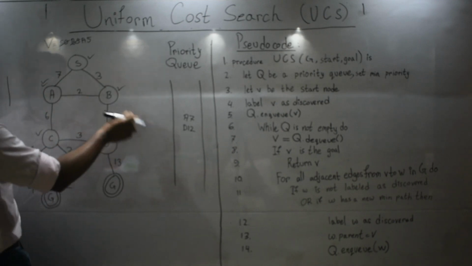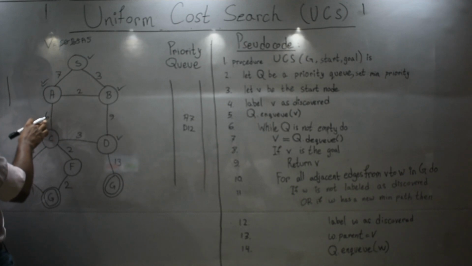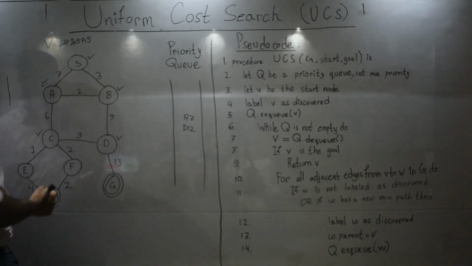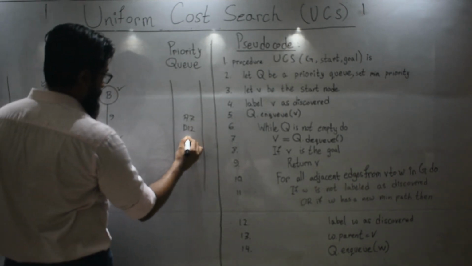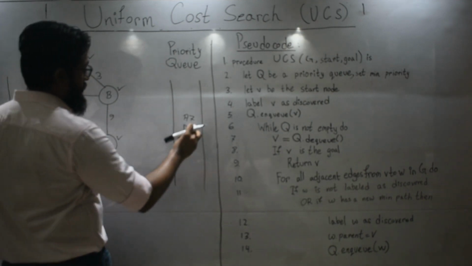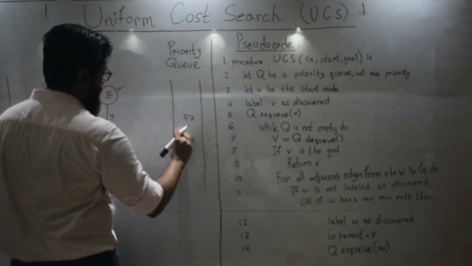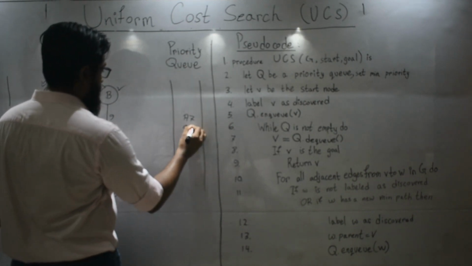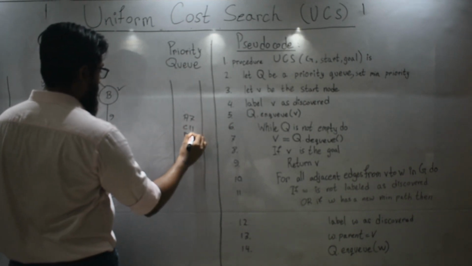A has a value of 5 and this path is 6. So C will have a path cost of 11. So let's put it here, 11. Now let's sort it again. C 11, D 12.